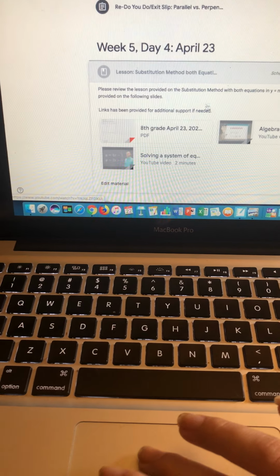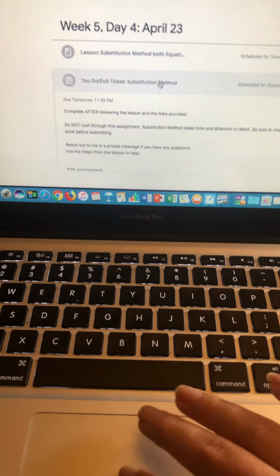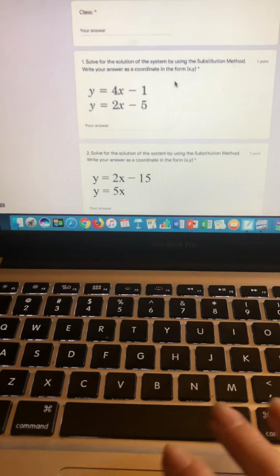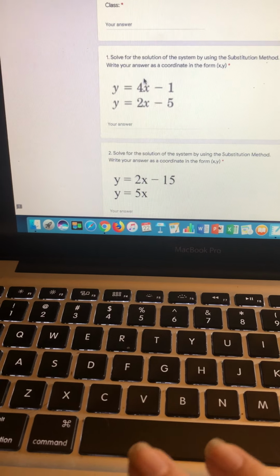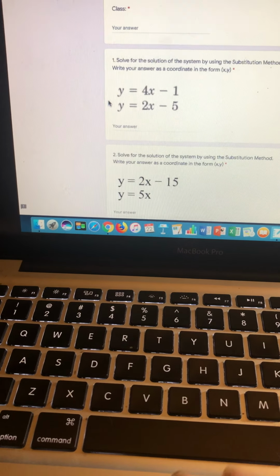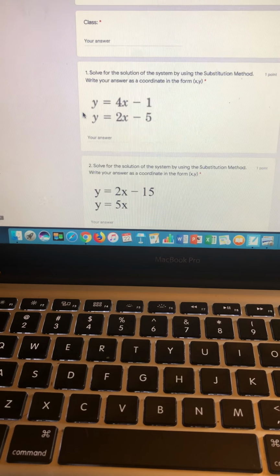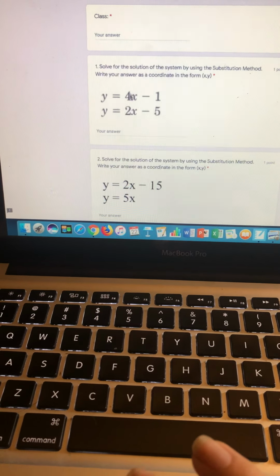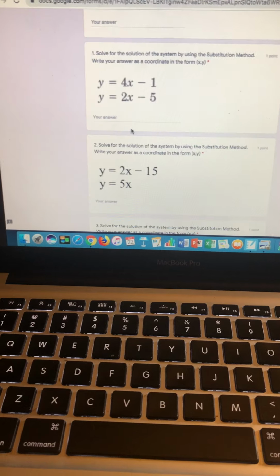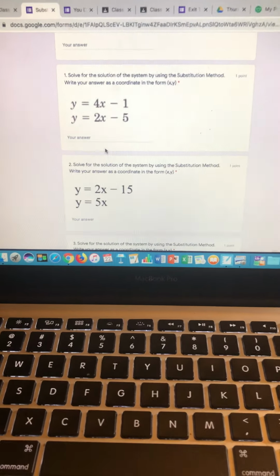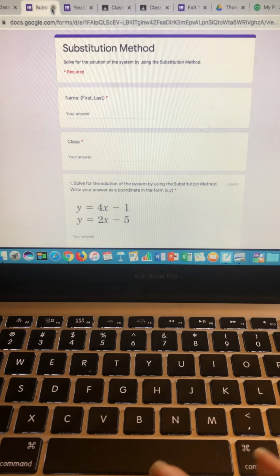It's going to be 4 systems, and you are solving using the substitution method. So exactly what I just modeled for you. Here's your system. Use the steps, circle, arrow, plug it in, solve for the one variable, pick either one of the 2 equations, substitute that variable in, solve for the other, and then you write your solution in the form x comma y.